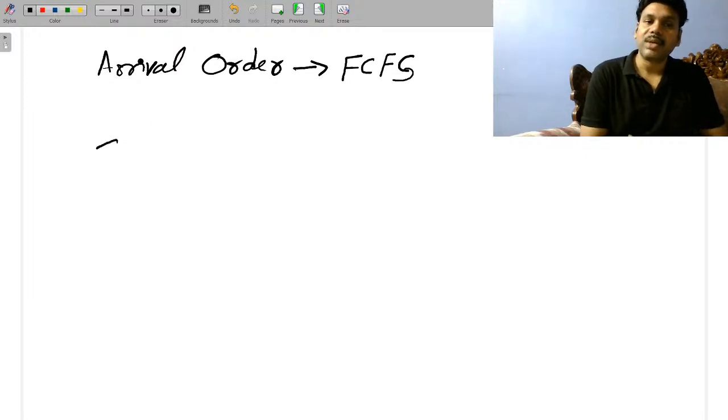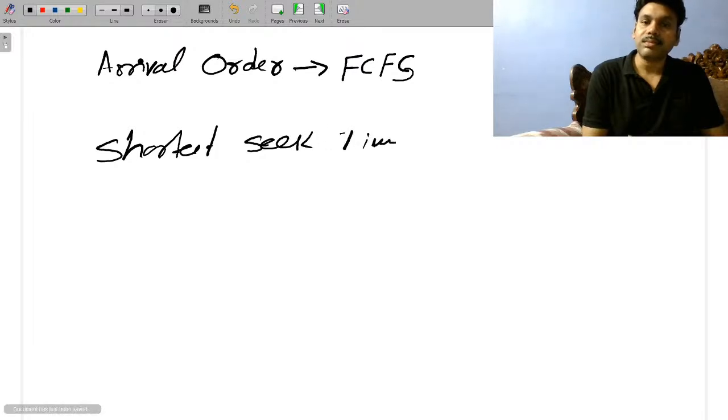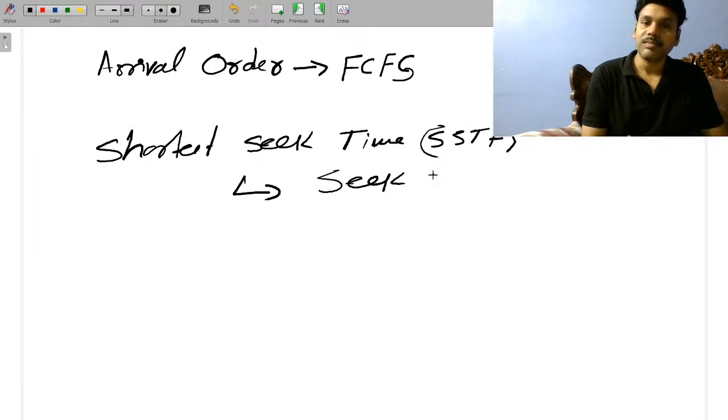And the second one is based on shortest seek time. And the third one is the complete scan.